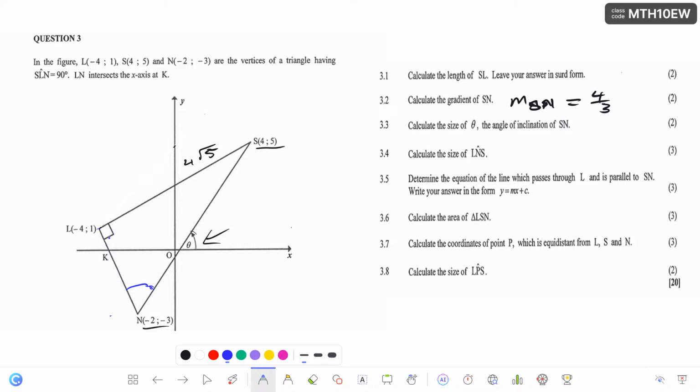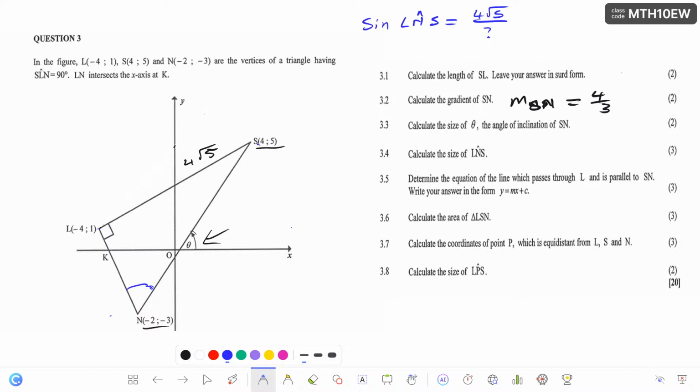Because here is 90 degrees. So we can use opposite over hypotenuse, so we can use sine. Sine of LNS is equal to opposite, which is 4 root 5, over this one. We didn't calculate this one, so we are going to calculate it in order to find our answer for angle LNS.